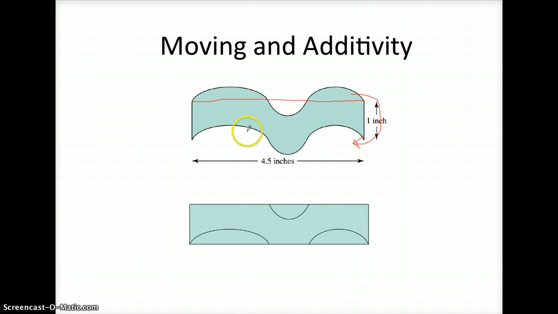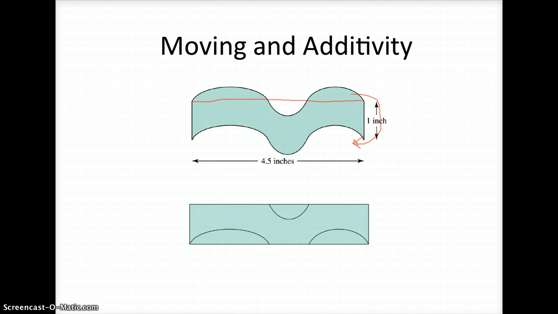Well, I guess it looks like they have it the other way around. They cut off the bottom section and put it onto the top section. But either way, we are using this idea of moving pieces to fit other pieces of the figure. And so that's the idea of the moving principle.